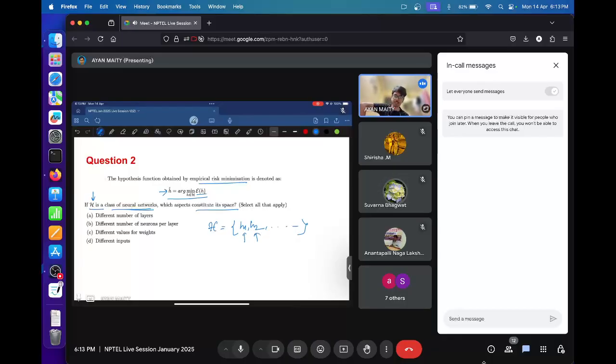So once we have fixed the architecture or structure of the neural network, now when we train, we basically update the values of the weights. We are basically searching over a space of values for the weights. So different hypotheses in this hypothesis class would be different neural networks with different values for the weights. So the correct answer would be option C.